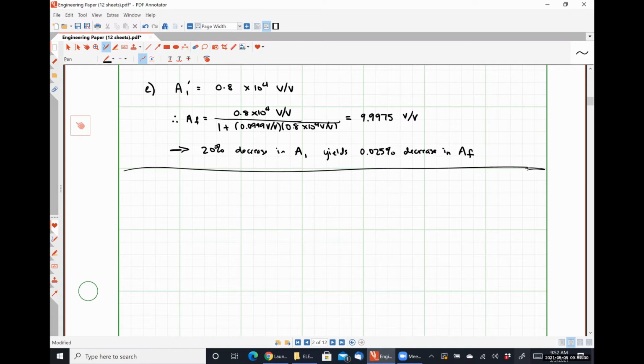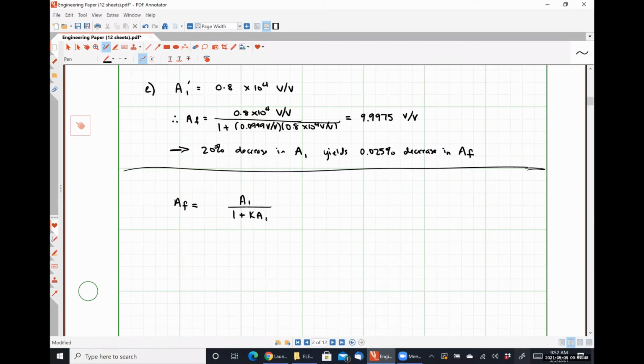So we know that our gain with feedback, or our closed loop gain, AF, is equal to A1 divided by 1 plus K A1.